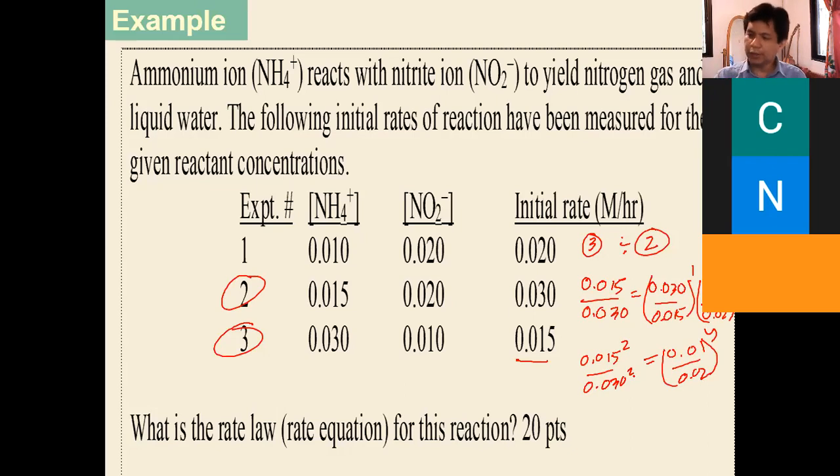You can use your calculator to solve this. Pwede nyo rin i-simplify muna kung gusto nyo. Halimbawa, yung 0.015 divided by 0.030 squared. You can easily use the shift solve function.